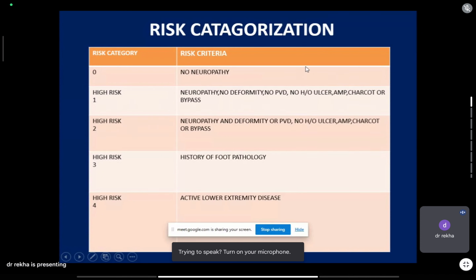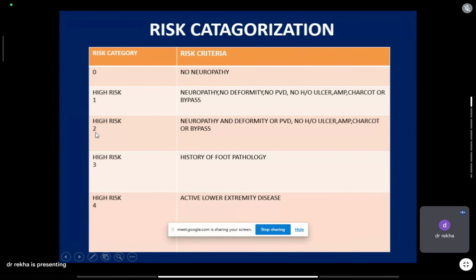Now, there is this categorization. If there is no neuropathy or no deformity, then category 0. If there is neuropathy but no deformity, no peripheral vascular disease, no history of ulceration, amputation or Charcot foot, or no history of bypass, then high risk category 1.